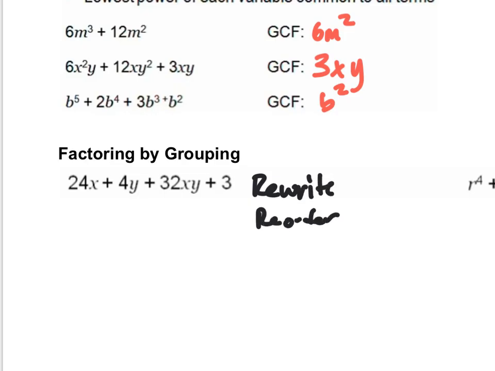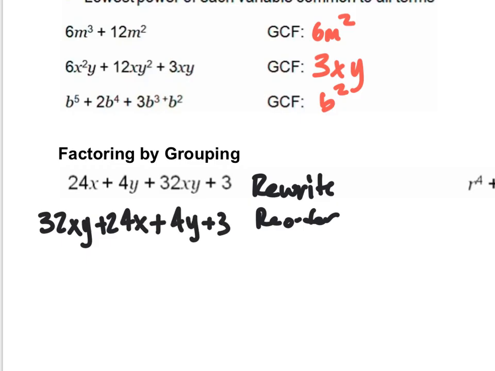So I'm going to rewrite this as 32xy plus 24x plus 4y plus 3. The reason I did that is because I looked at these two terms and felt like they had something in common. And then I'm going to look at these two terms because, when I looked at the 4y and the 3, I kind of saw something here.